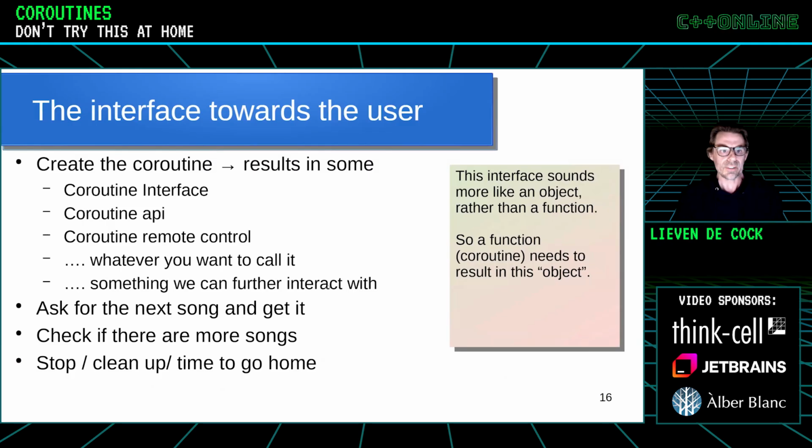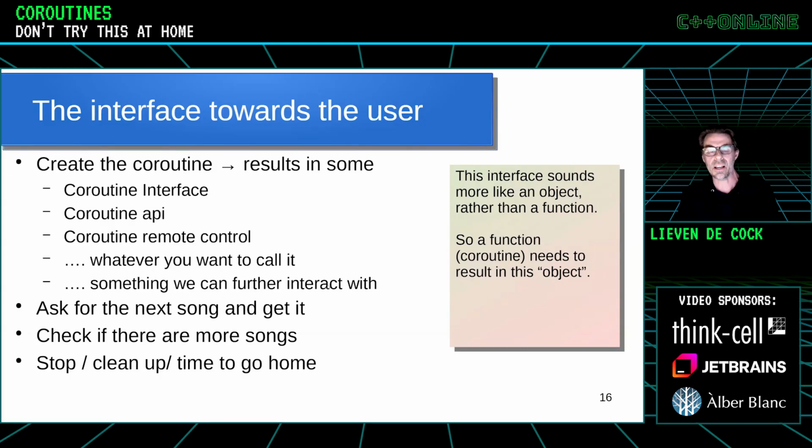Now, when that coroutine is there, it's going to result in something. And in the textbooks, different names are being used for that. Some people call it the coroutine interface, some call it the coroutine API, the coroutine remote control. Actually, whatever you want to call it, it doesn't matter. But it is something we want to interact with further on.